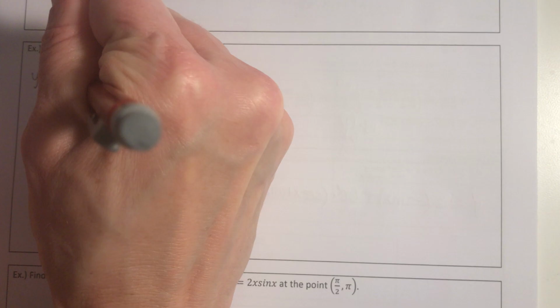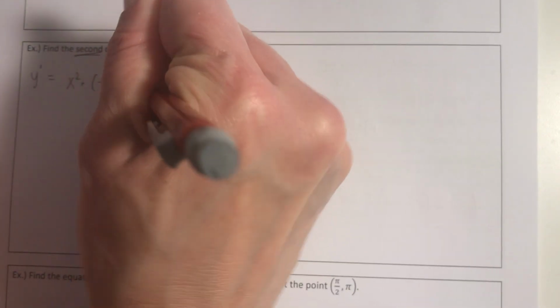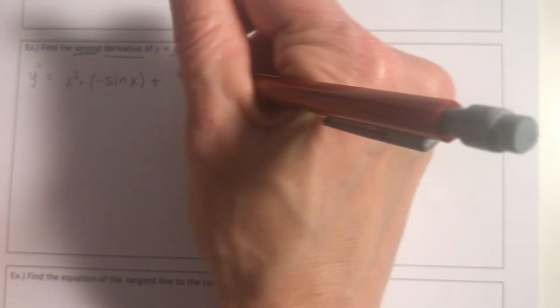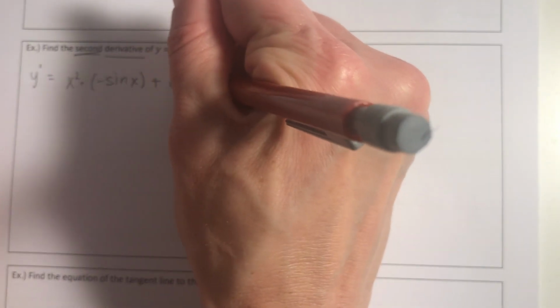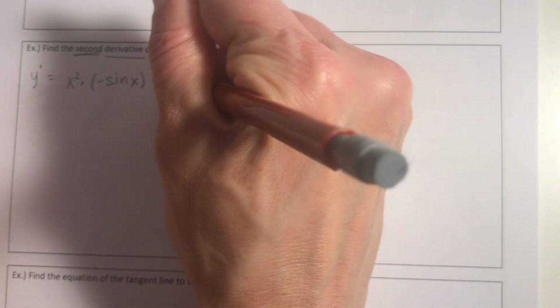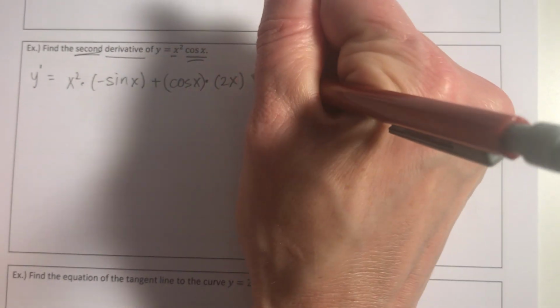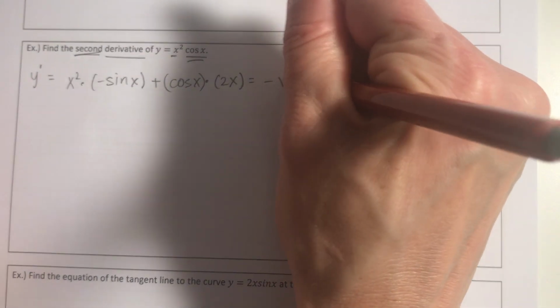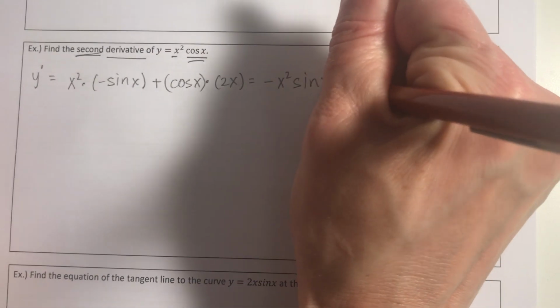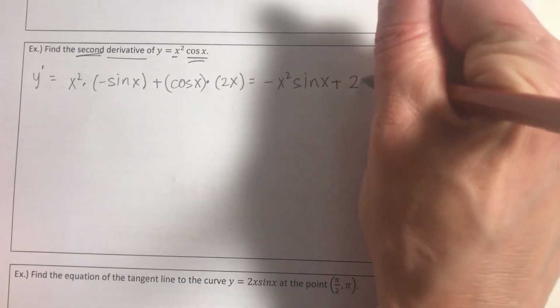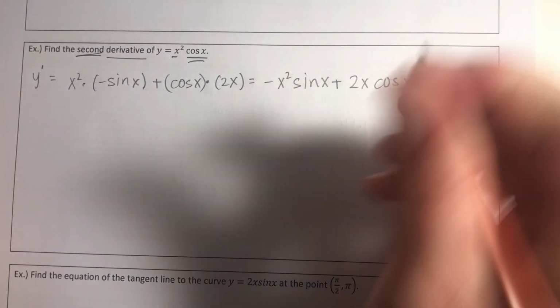We have 2 terms here, so the first term times the derivative of cosine, which is negative sine x, plus the second one, which is cosine of x times the derivative of the first, which is 2x. Cleaning this up a little bit, we have negative x squared sine x plus 2x cosine of x.